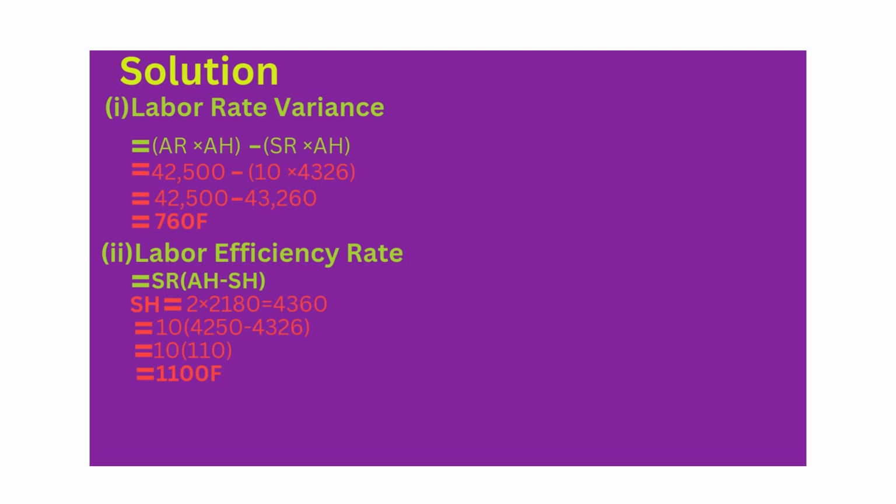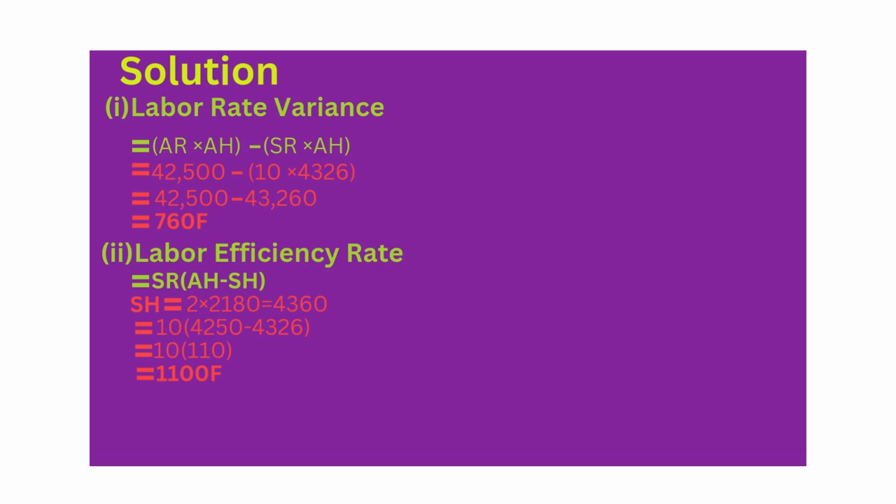Remember, we said when the actual cost is greater than the standard cost, that's unfavorable or adverse. And when the standard cost is greater than the actual cost, that's favorable. So in our first one, that is material price variance, the actual cost is 84,000, which is greater than our standard cost, which is 70,000. So it will be advance or unfavorable.